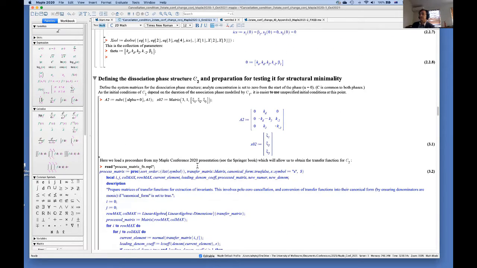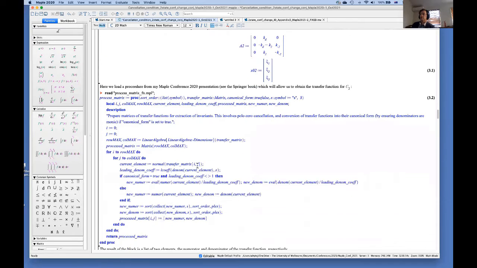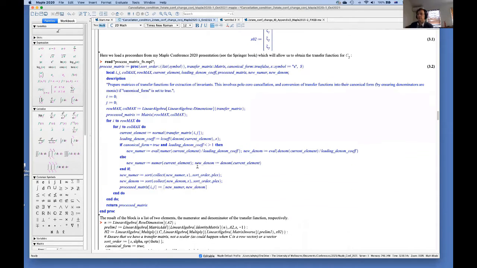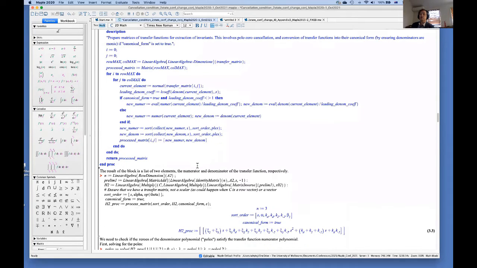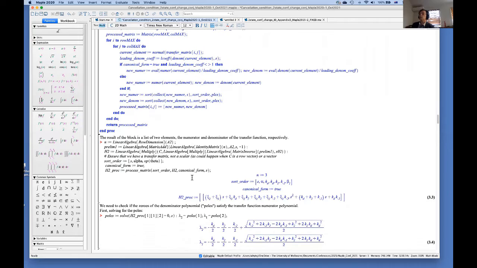From the work I did for last year's Maple conference, I wrote some routines to analyze linear time invariant systems and put them together into a dashboard, so that it should be easy to use for people who are not familiar with this. I'll get to reuse that, because what I still want is transfer functions of linear time invariant structures. Here we have the numerator of the transfer function, which is like a rational function, and here's the denominator.